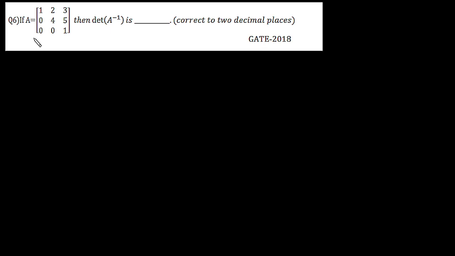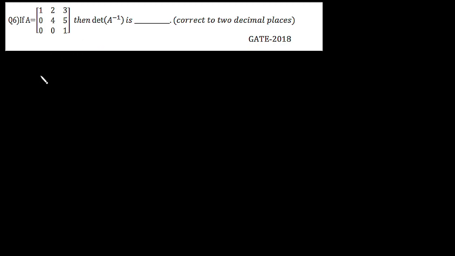Okay, now let's solve question number 6. Question 6 says that we are given a matrix A, and asks for the determinant of its inverse, correct to two decimal places. So they are asking about the determinant of the inverse.